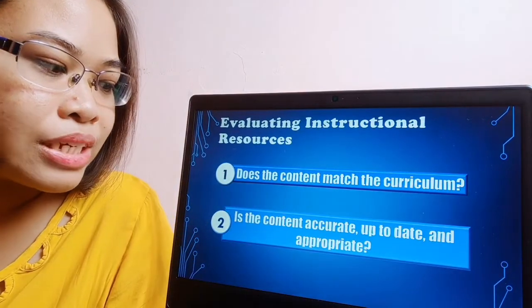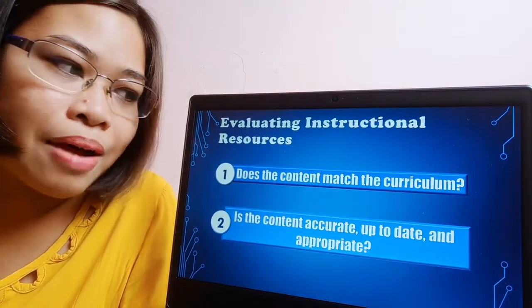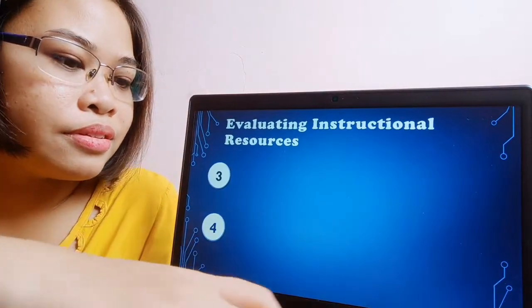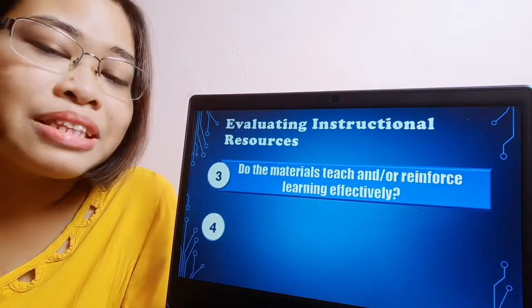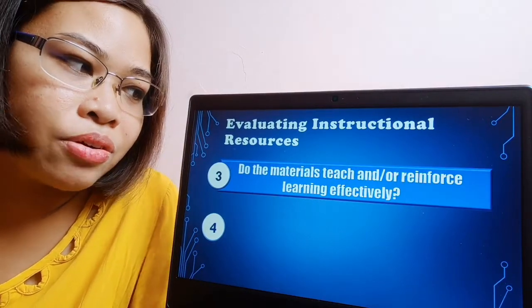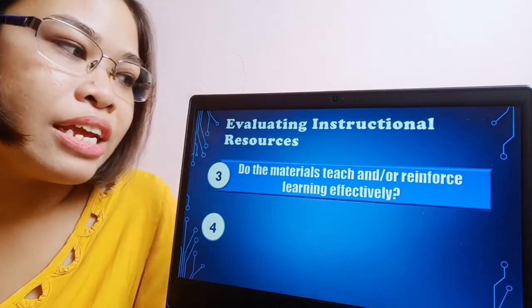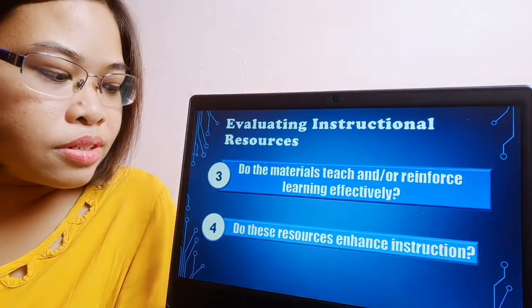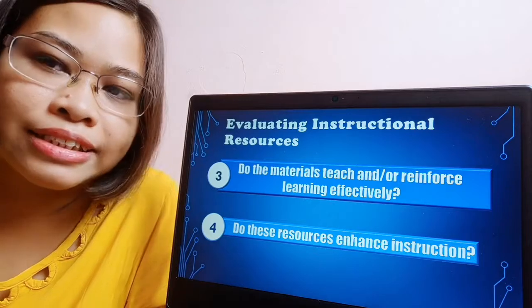Number two, is the content accurate, up to date, and appropriate to the materials, to teach and or reinforce learning effectively? Do these resources enhance instruction?